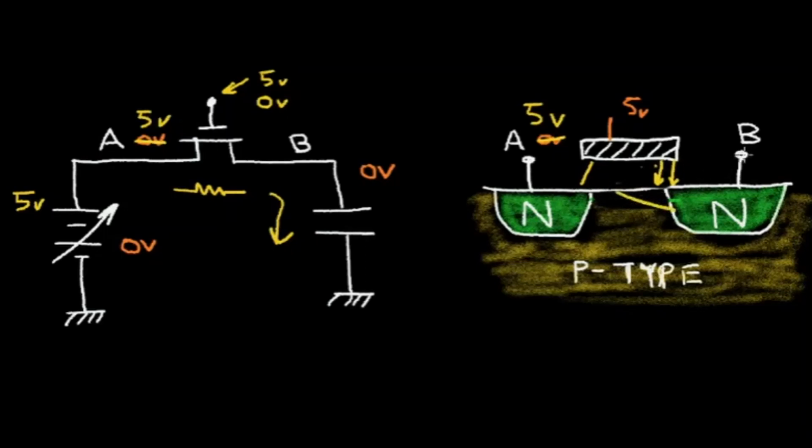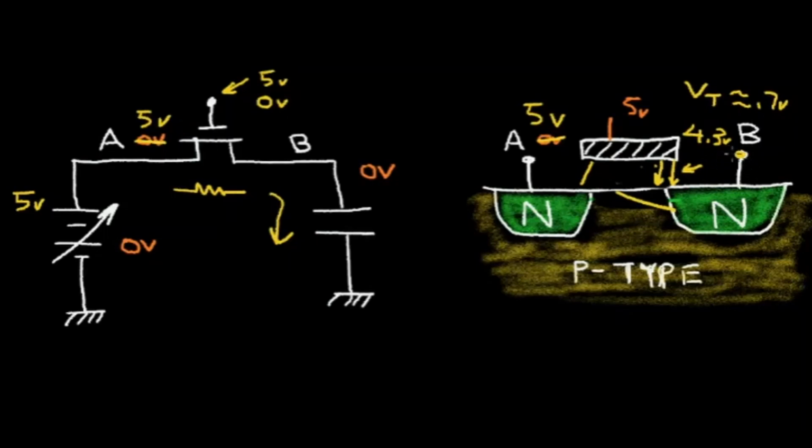But as B charges up, this electric field diminishes, and at about 4.3 volts, this electric field is going to be below the threshold voltage if we say the threshold voltage is about 0.7 volts. So once we get up to 4.3 volts, this B terminal can't get any further.